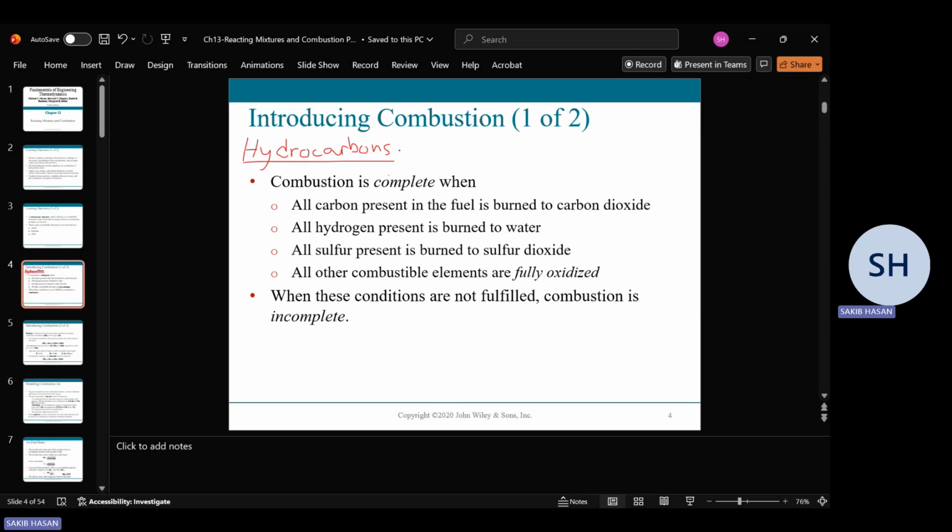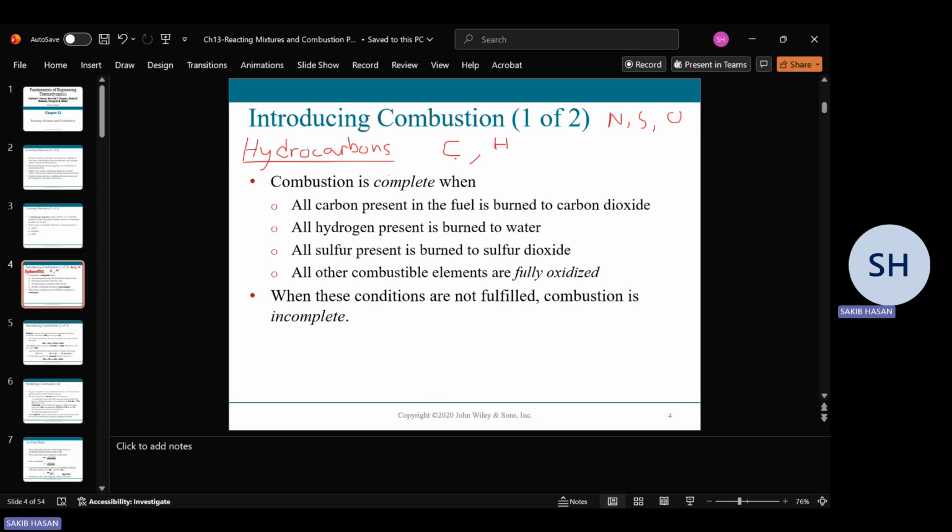So the main constituents here are going to be carbon and hydrogen. We will later see that these fuels tend to have a variety of different compounds, and they can include other elements like nitrogen, sulfur, and even oxygen itself.